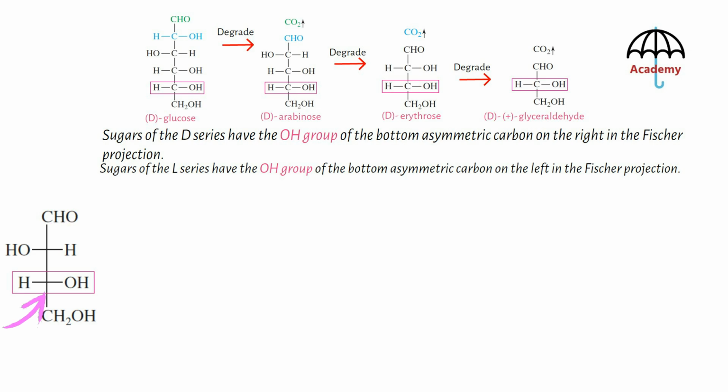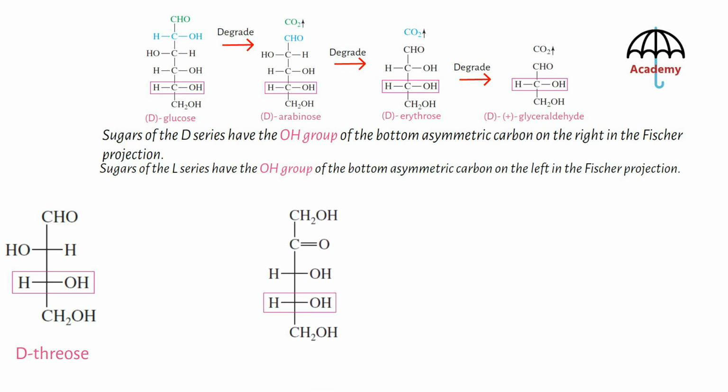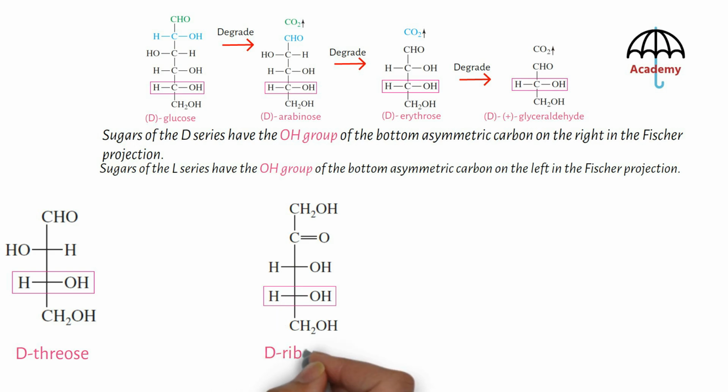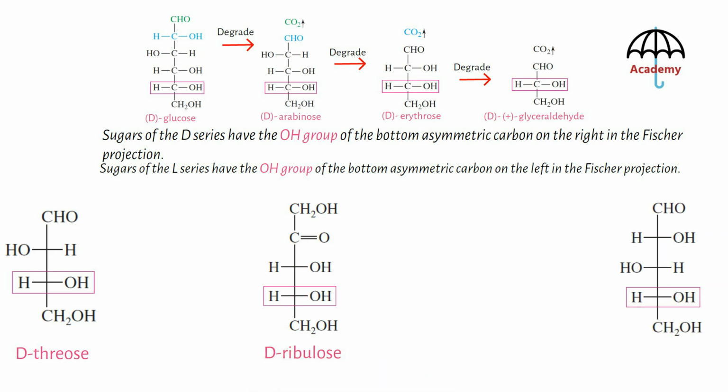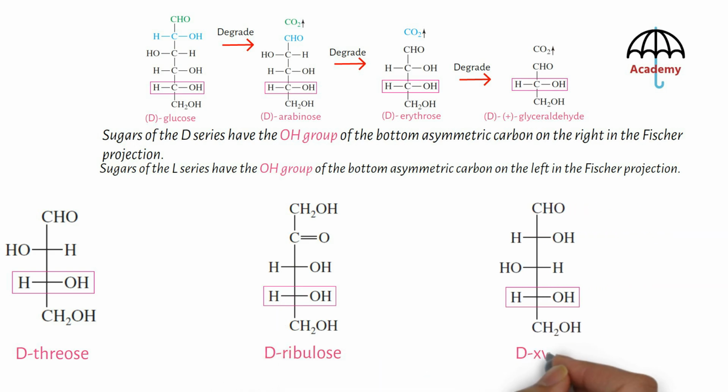Out of these, this bottom asymmetric carbon is farthest from the most oxidized aldehyde carbon. And OH on this carbon is on the right side, therefore it is called D-threose. Similarly, this keto sugar has OH on the bottom asymmetric carbon on the right side, hence it is called D-ribulose. Similarly, this is called D-xylose.